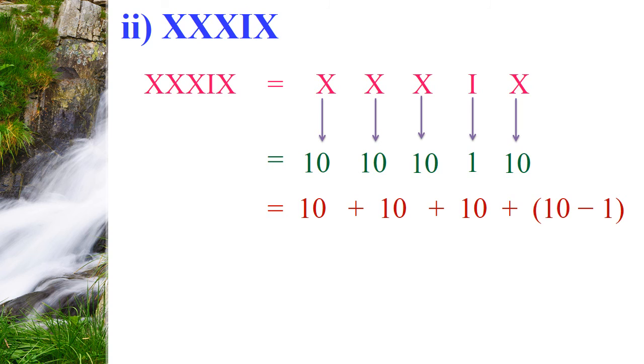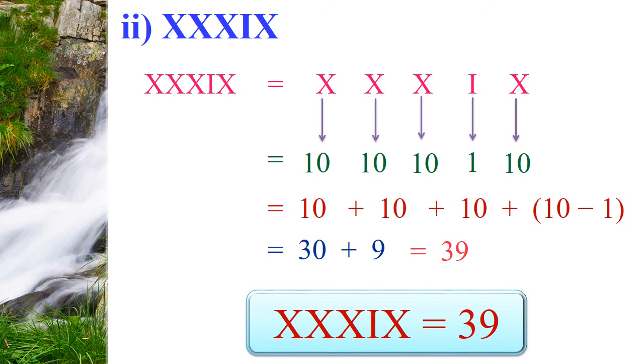So we want to subtract 1 from 10. So that is 10 minus 1. Next 10 plus 10 plus 10 we get 30. 10 minus 1 we get 9. Next add 30 and 9 we get 39. That is XXXIX equal to 39.